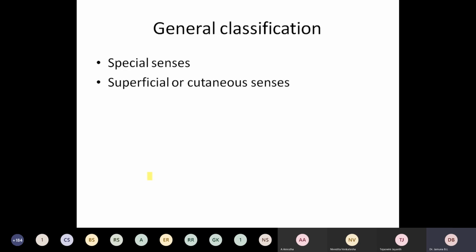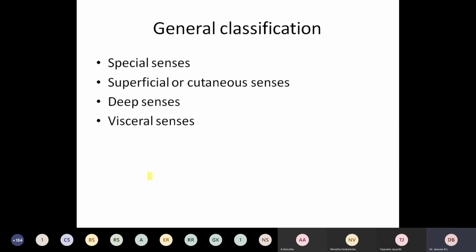There is also a general classification. Generally, when you are examining a sensory system, we usually follow this. The special senses, where we concentrate on vision, hearing, taste and smell, and then there are superficial or cutaneous senses. In a sensory system we will be examining pain, touch, pressure, all those things. Then the additional sensations and deep senses like proprioception and visceral senses.